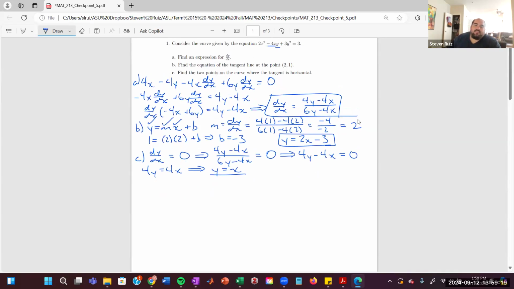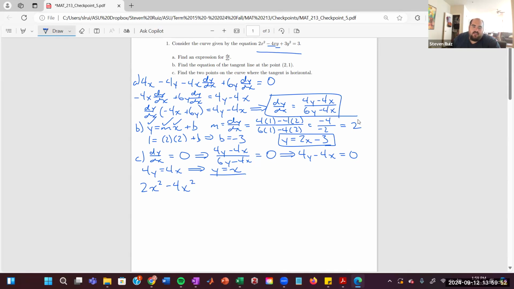So how do I find this? I'm going to take this y equals x constraint and use it in combination with the equation I gave you. Let's write the whole equation in terms of x. Since I know that y is equal to x, I'll let every y equal x and see what I get. 2x squared, nothing changes there, there are no y's. But this next term is going to be minus 4x squared.